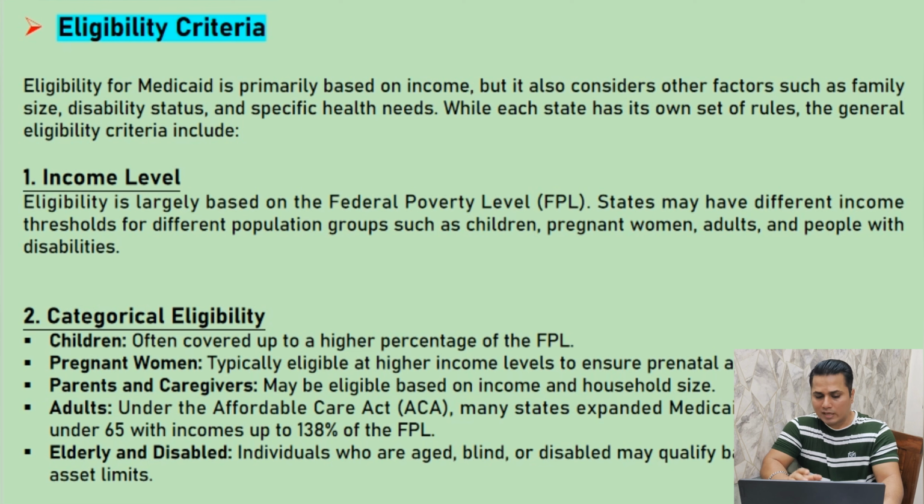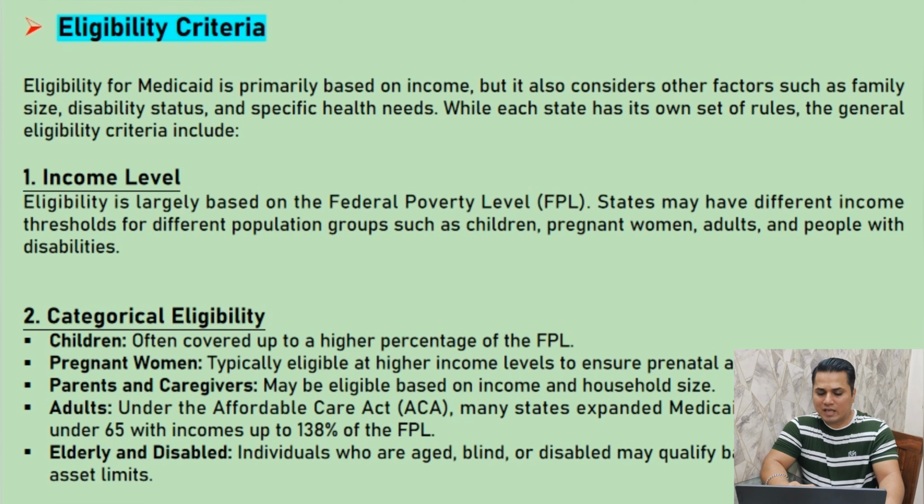Now, number two, categorical eligibility. Children are often covered up to a higher percentage of the FPL. Pregnant women are typically eligible at higher income levels to ensure prenatal and postpartum care. Parents and caregivers may be eligible based on income and household size.